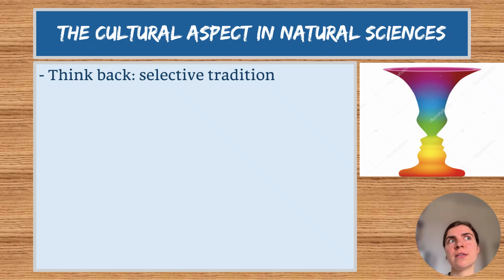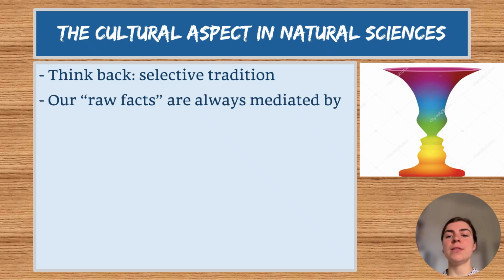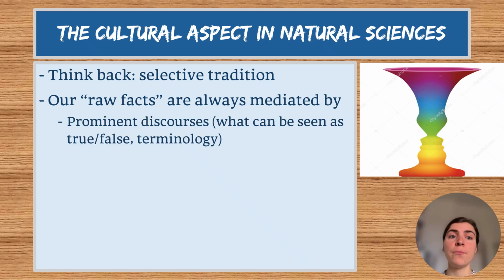So basically that throughout history, certain aspects, for example, scientific truths, were valued more than others, and that certain selected perspectives were chosen to just be used over the ages, and certain other aspects and perspectives were basically dismissed as not being the true or valid perspective. So we do have a certain selection in science, for example. And this would mean that our raw facts, so basically scientific truths, are always mediated by prominent discourses.